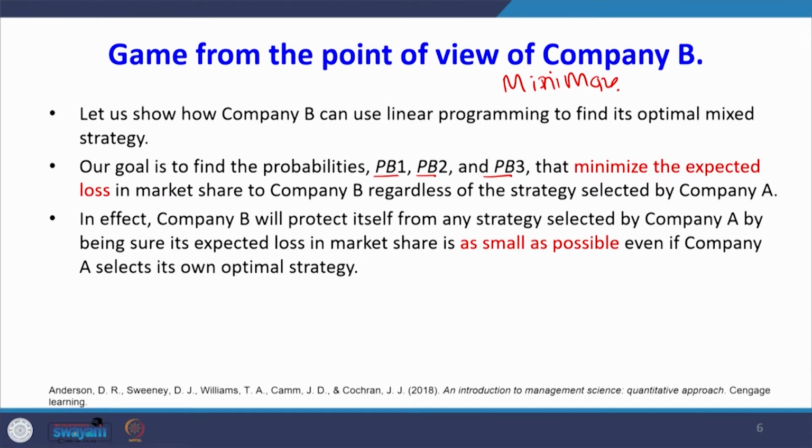That minimizes the expected loss in market share to company B regardless of the strategy selected by company A. In effect, company B will protect itself from any strategy selected by company A by being sure its expected loss in market share is as small as possible, even if company A selects its own optimal strategy.